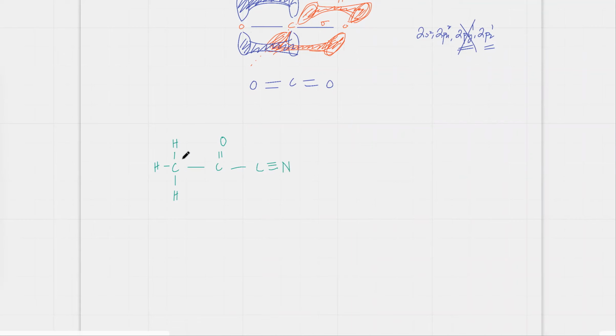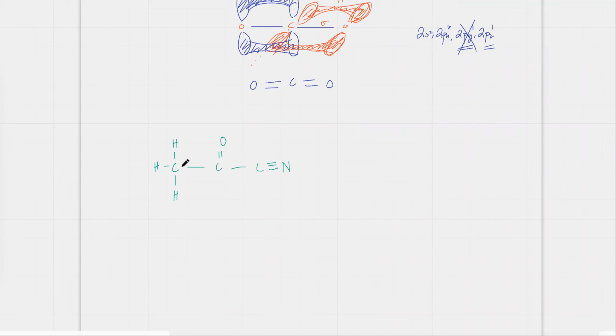What type of hybridization is this? Anyone? Carbon is bonded to four atoms. Anna, Nabila, Bob, what type of hybridization is this when carbon is bonded to four atoms? sp3, sp2 or sp? sp3.